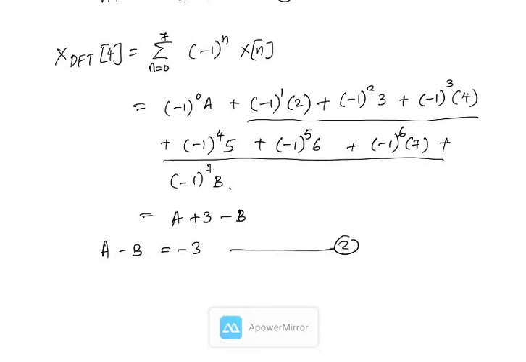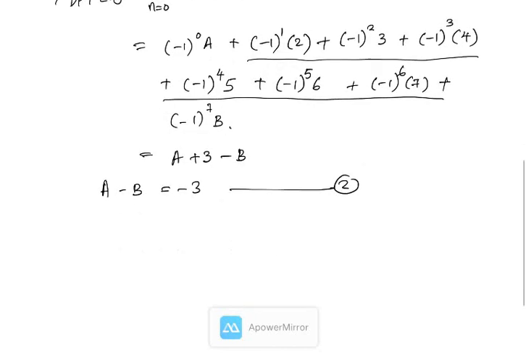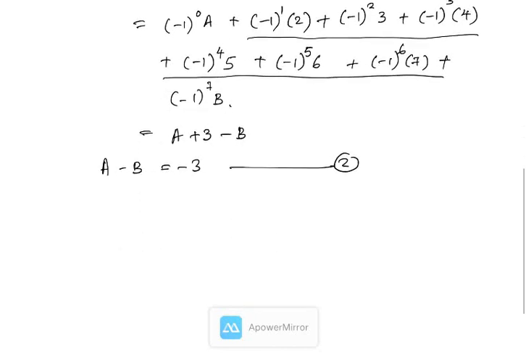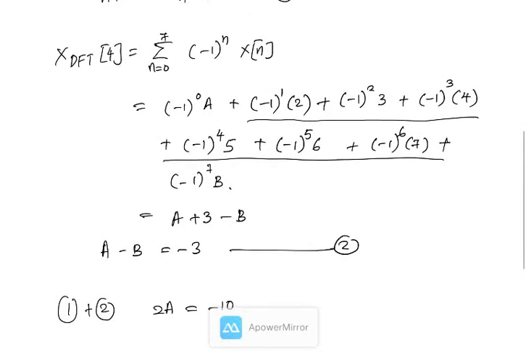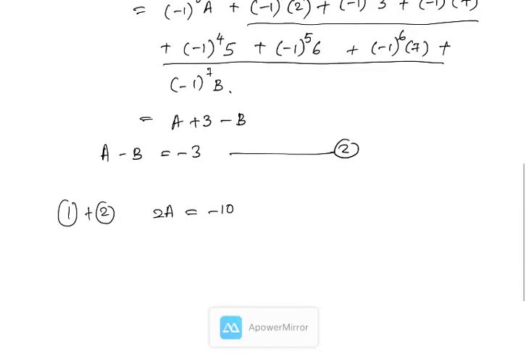So now I have equation 1 and equation 2, so I can solve them as simultaneous equations. So 1 plus 2, a plus b and a minus b, plus and plus, I get 2a equal to minus 10. So a equal to minus 5.